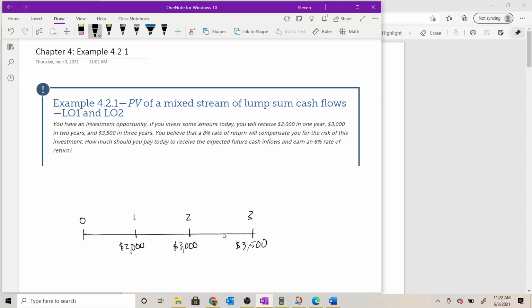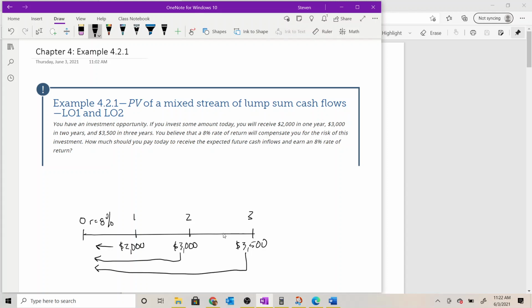Okay, there's one more piece of information given to us in the problem, and that is the rate of return of 8%. So our R equals 8% in this problem. And the question is, how much should we pay today to receive these expected future cash flows and earn an 8% rate of return? Well, another way of looking at that, or a way to come up with that value, is to take each of these future cash flows and discount them back to time period 0 at an 8% discount rate.